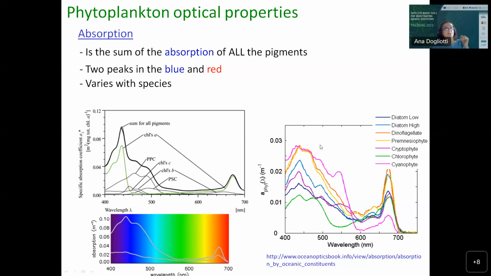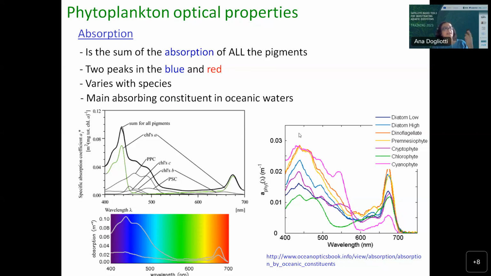What I want to show is the high variability between them. But what they have in common is that all have a peak in the blue and a second peak in the red. And that's what is generally used for the determination of chlorophyll concentration using remote sensing.